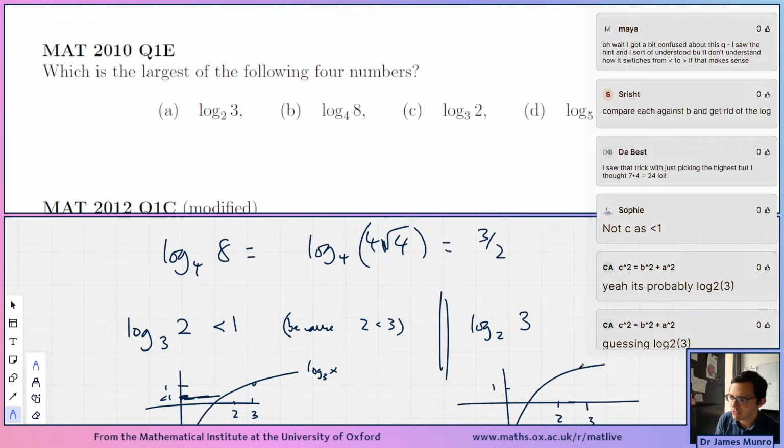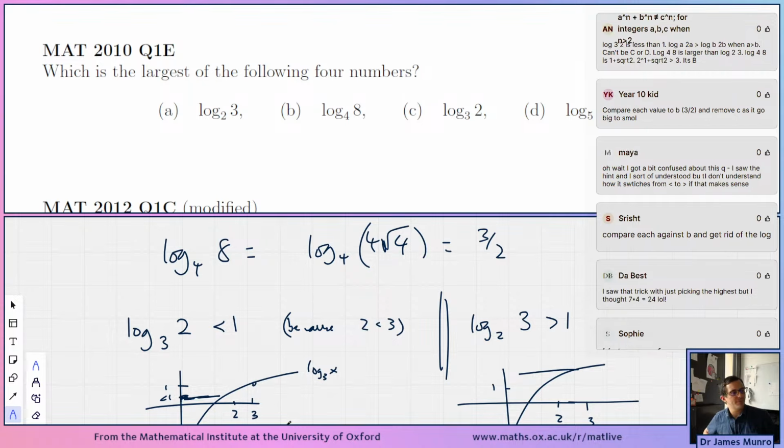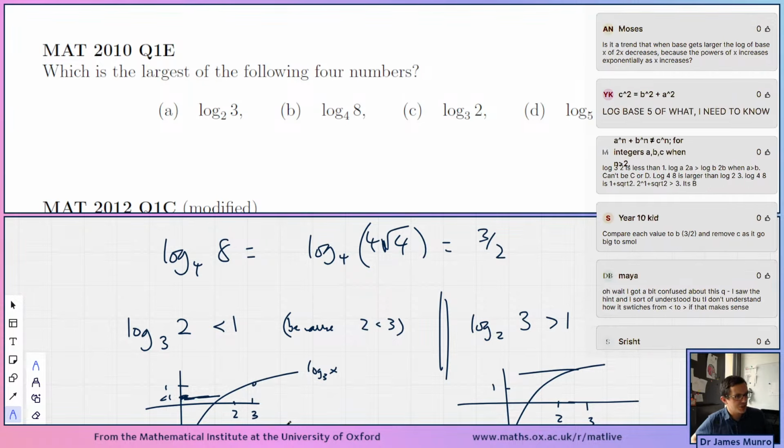If you give it the number 3, you get something larger than 1. So this is larger than 1, and that one's less than 1. I don't really have great intuition for why one of those is less than 1 and one of them's larger than 1. Maybe I do if I really think about it, but let's not worry about this too much. Ooh, reasoning in chat.